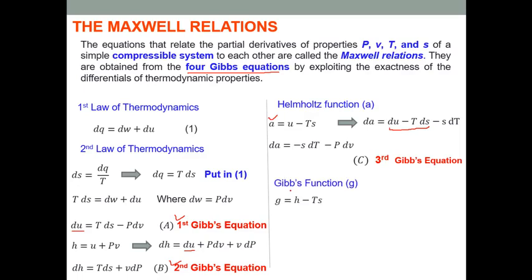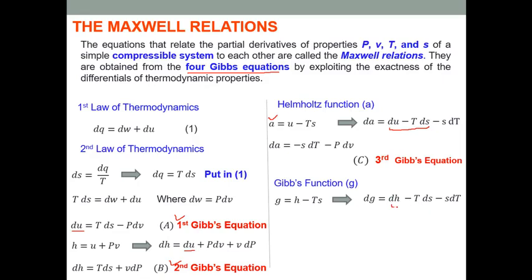We have another function, the Gibbs function, represented by small g, which is the enthalpy minus TS. The difference between the Helmholtz function and the Gibbs function is that the Helmholtz function is internal energy minus TS, while the Gibbs function is enthalpy minus TS. Again, if we take the derivative on both sides, we'll have dg is equal to dH minus TdS minus SdT.